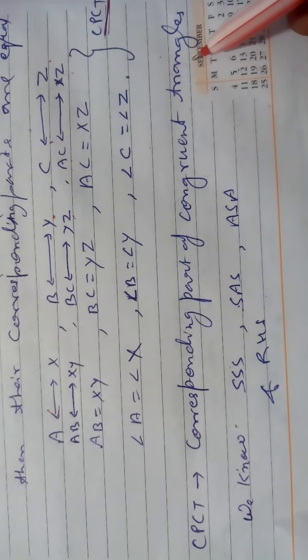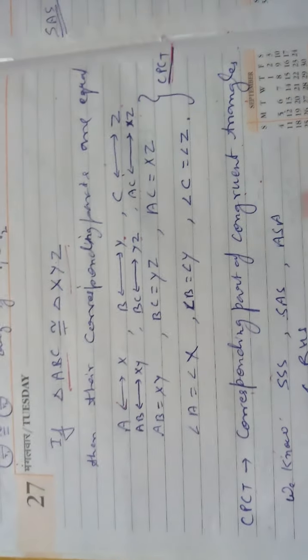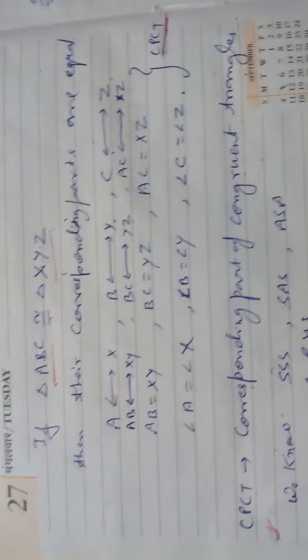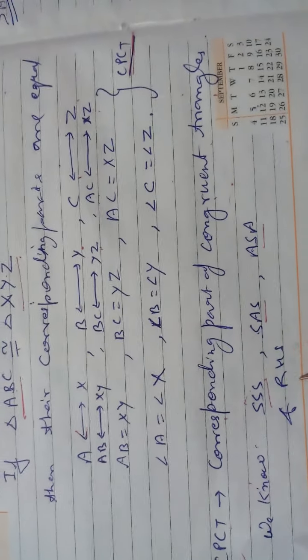We know this from the previous class. CPCT means corresponding parts of congruent triangles. For congruency we know in class 7th SSS, SAS, ASA and RHS.